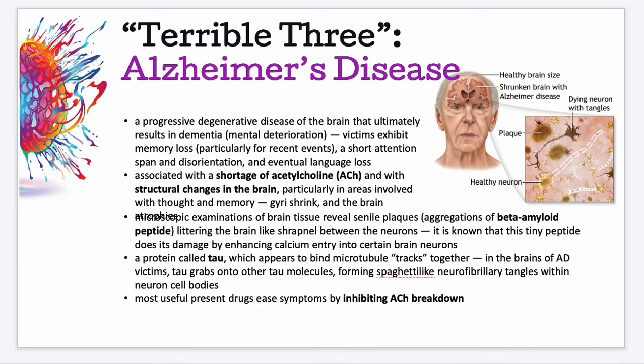So, this is associated with shortage of acetylcholine, no, yung neurotransmitter. And with structural changes in the brain, particularly involved in areas para sa thought and memories. Yung mga gyri nag-shrink, yung brain nag-atrophy, meaning because of a certain factor, lumiliit yung mga cells, ganun.